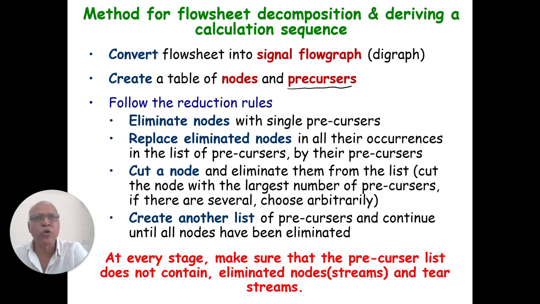Replace eliminated nodes, wherever they are appearing in the next level of precursors, with their corresponding precursors. There are a few other possibilities. We will probably try to look at them as we progress in another example. So make sure whenever you are moving to the next level of precursors, you take care that eliminated nodes or tear streams are not continued further.